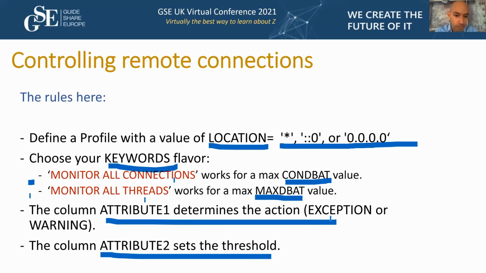So be careful with that. And again, I repeat, there are in fact several labels and several flavors for exception. Not all of them do the same. So be sure to check the official documentation and choose the appropriate action for you.